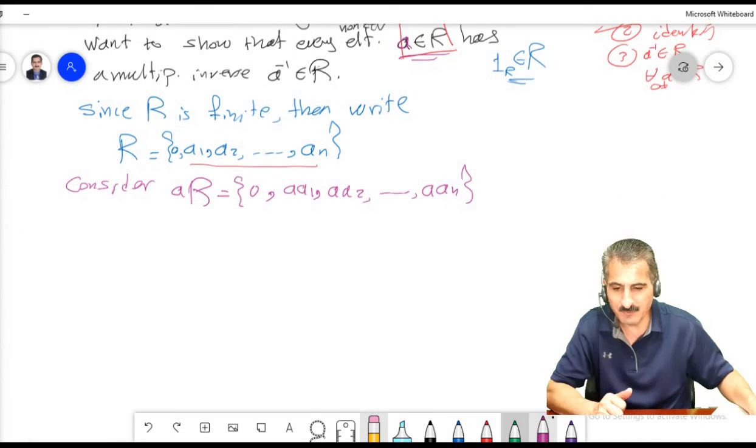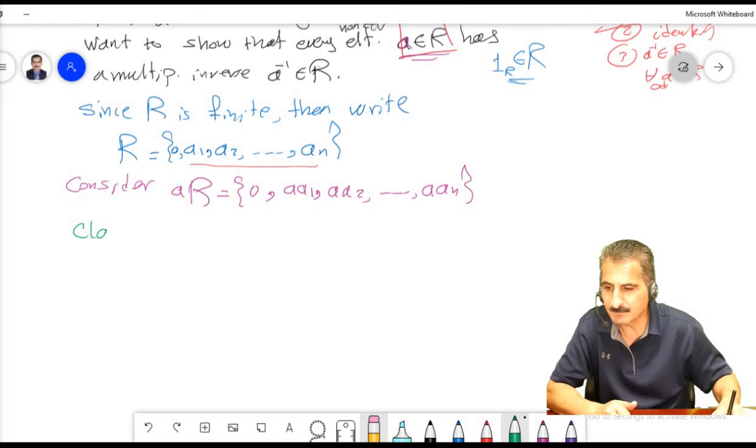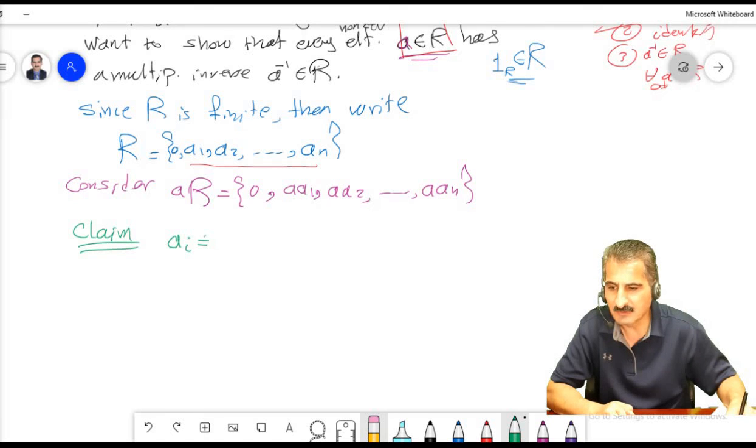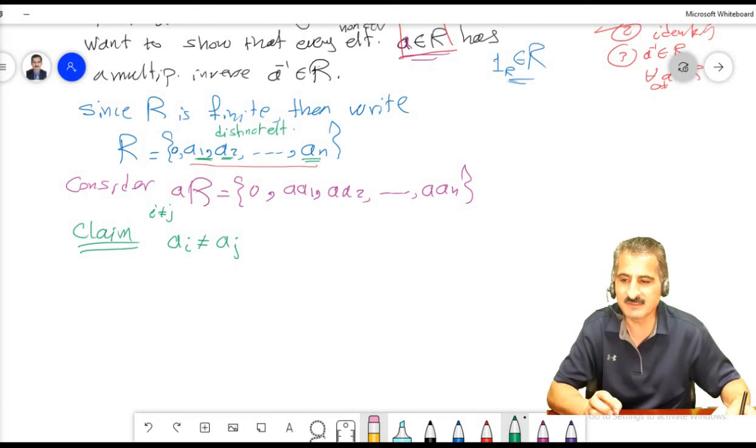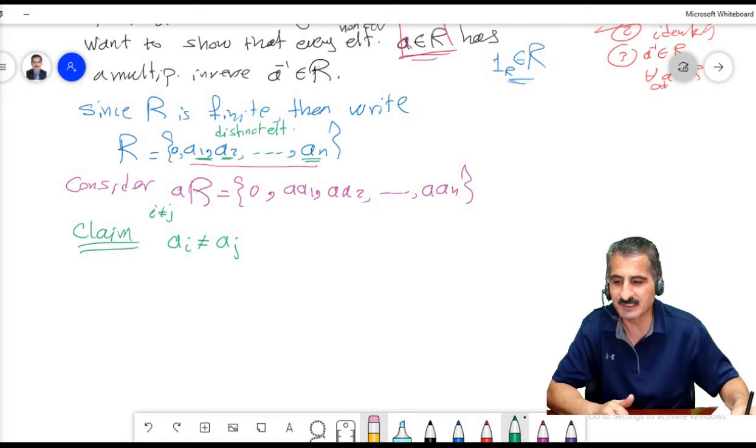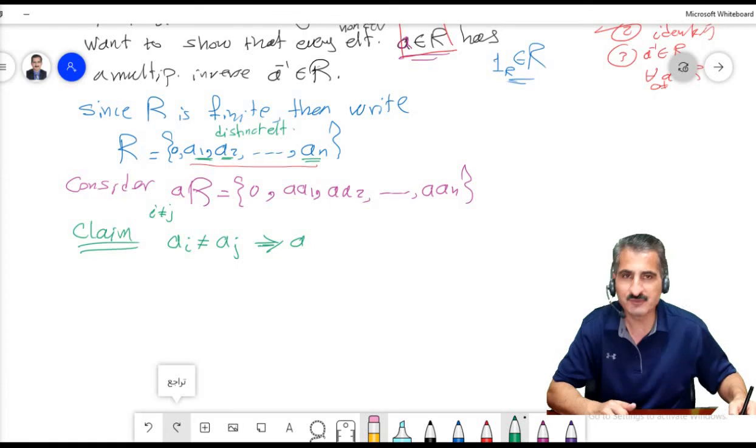For a while, we want to make the following claim. Claim: if A_i does not equal A_j, which means i does not equal j, because we are assuming these elements are distinct, not repeating, then the element A times A_i does not equal A times A_j.